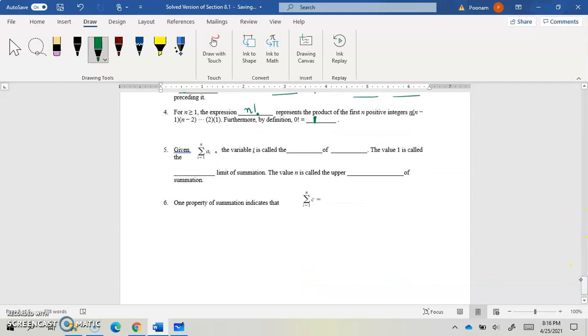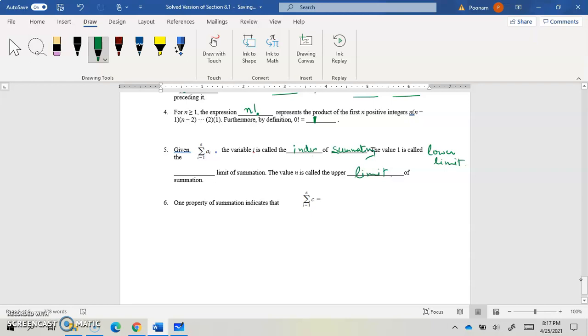Given summation sigma i from 1 to n of a_i, the variable i is called the index of summation. 1 is called the lower limit of the index. Then the value n is called the upper limit of the summation.